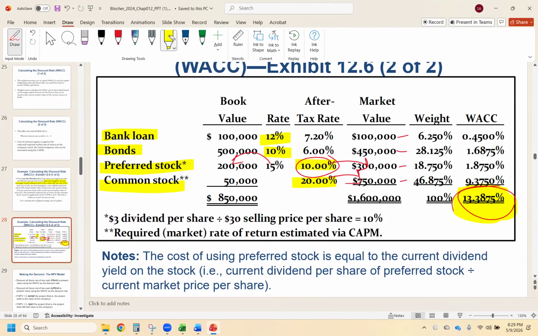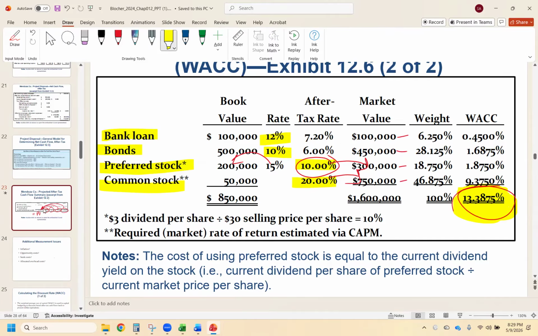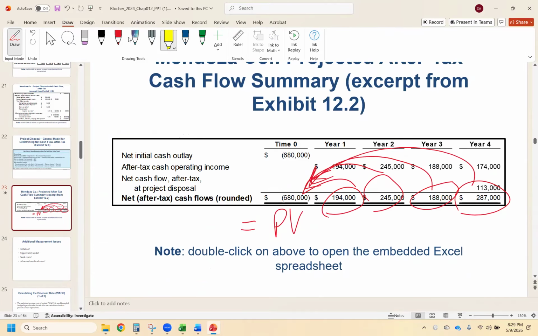Otherwise, they're borrowing money at an interest rate higher than what they would be getting in return. So when we do those present value calculations, like I was showing you back here, we want to make sure that it's at least, in that example, 13.38%. That's the weighted average cost of capital. So we would use that percentage.